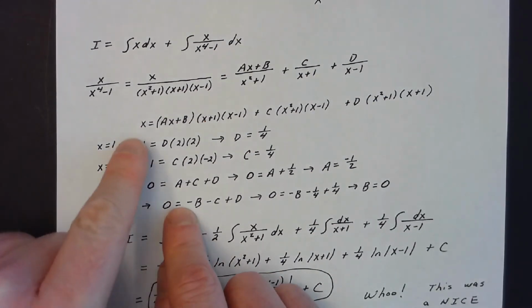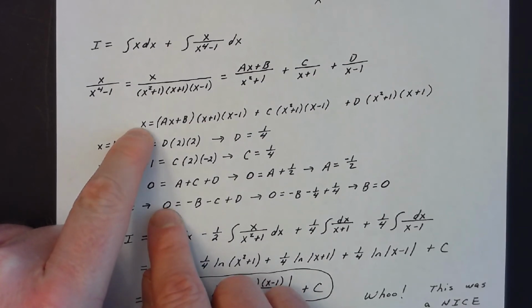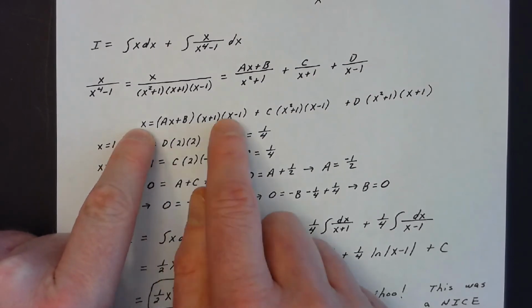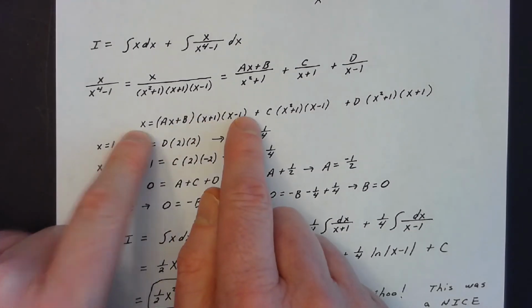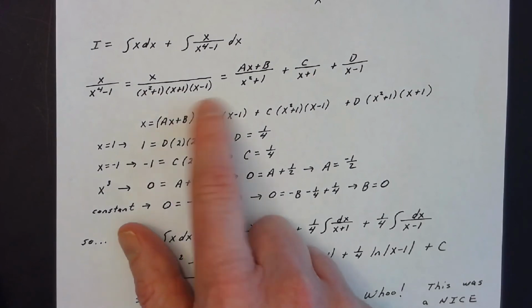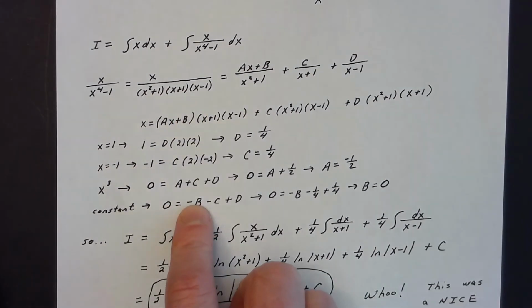I know that the constant on the left-hand side, there is no constant on the left-hand side, so it's a 0. B is going to be multiplied by a factor of negative 1. So my constant in that term, the expression without an x term, is just going to be negative b.